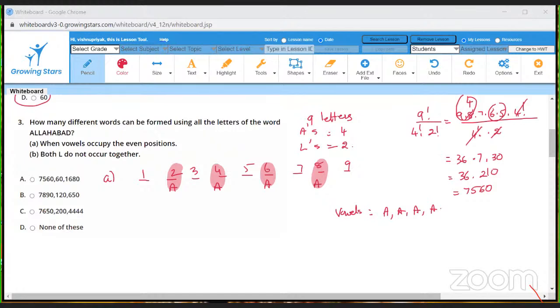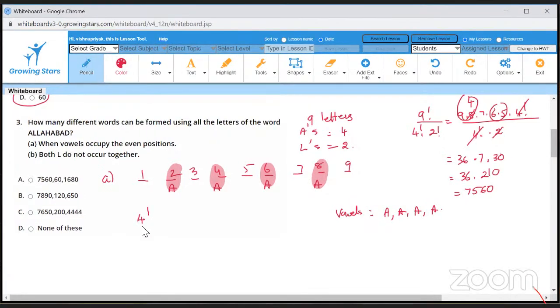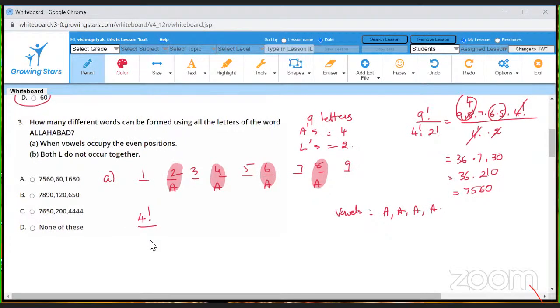Now, in how many ways can they be arranged? There are 4 vowels, so 4 factorial, but they are repeating 4 times, so 4 factorial by 4 factorial, which is 1. First work is done.